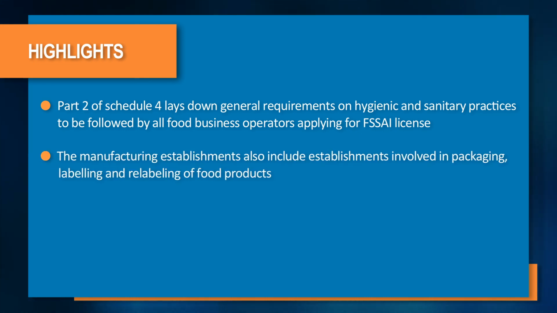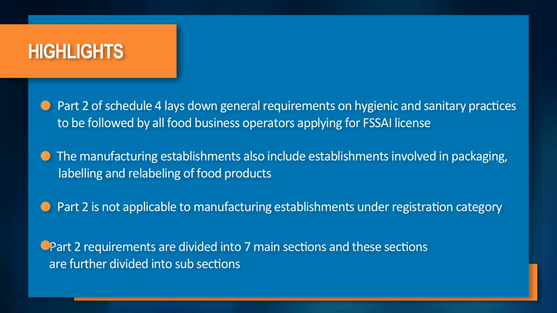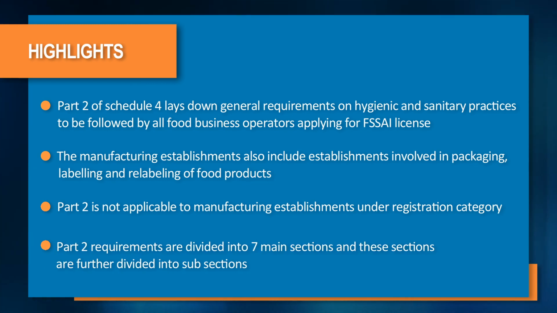The manufacturing establishments also include establishments involved in packaging, labeling, and relabeling of food products. Part 2 is not applicable to manufacturing establishments under registration category. Part 2 requirements are divided into 7 main sections, and these sections are further divided into subsections.